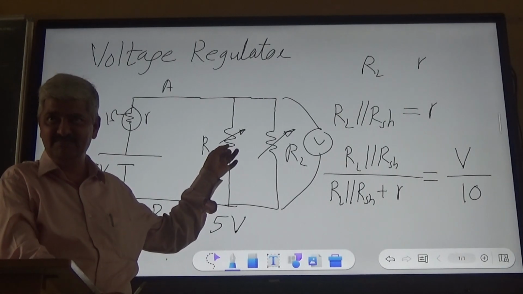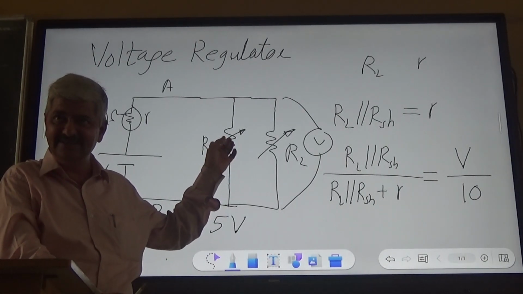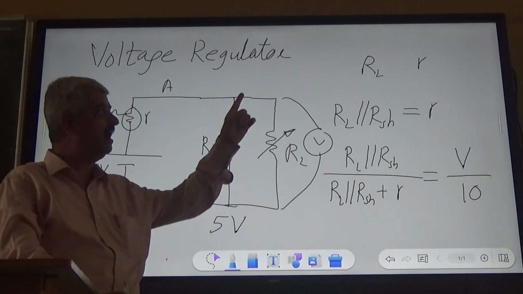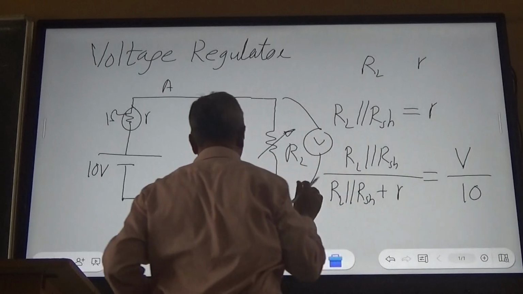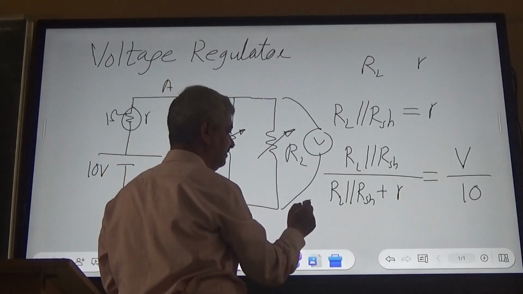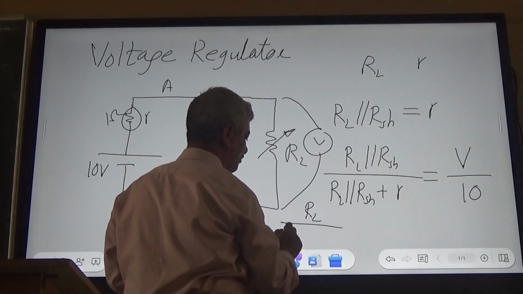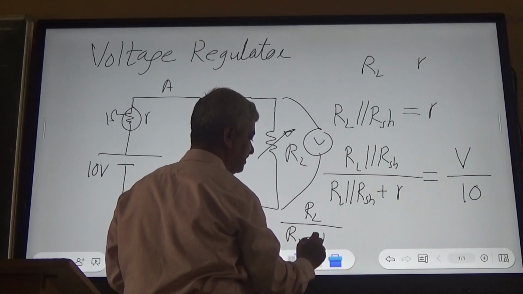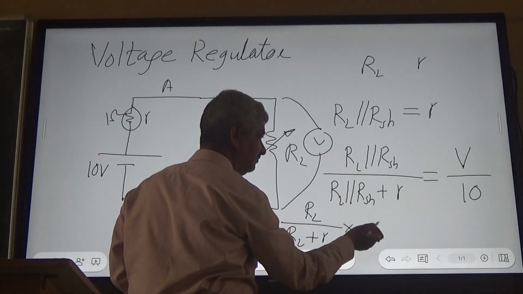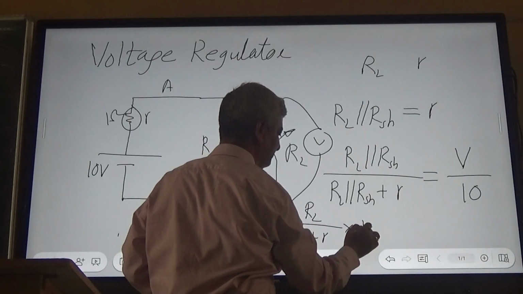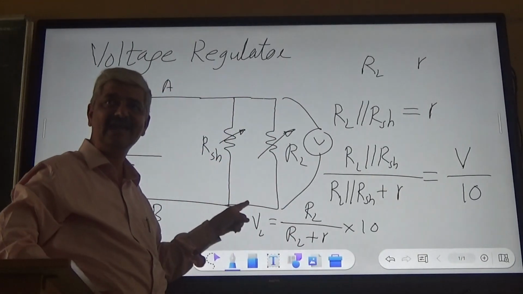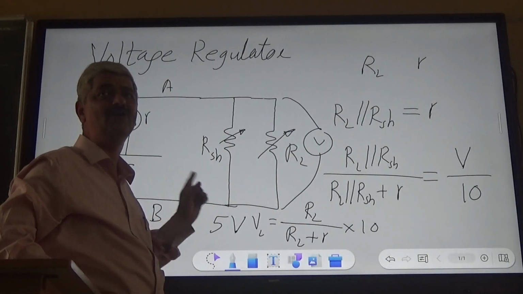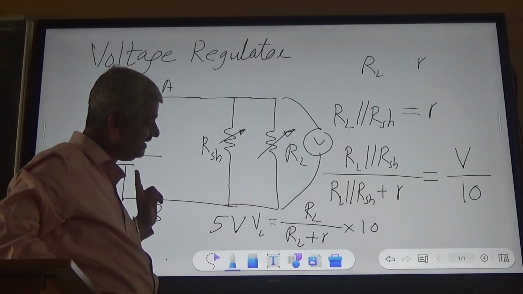Infinite. Means in case of no shunt, what will be the voltage? In case of no shunt, voltage will be, what is the formula? RL upon RL plus R into 10, VL, right? And if I want 5 volt, in that case, what should happen?